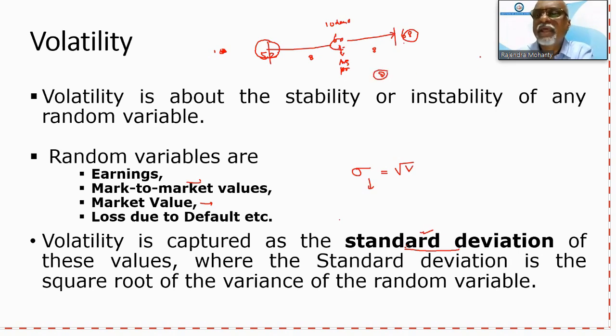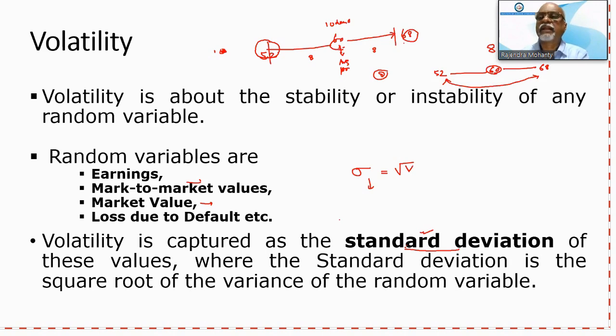So if you say the volatility of this stock was 8 for a period of say 10 days, then anyone can understand that if the mean price or average price given 60, that means lowest price was 52 and highest price was 68. So this range is called the volatility.